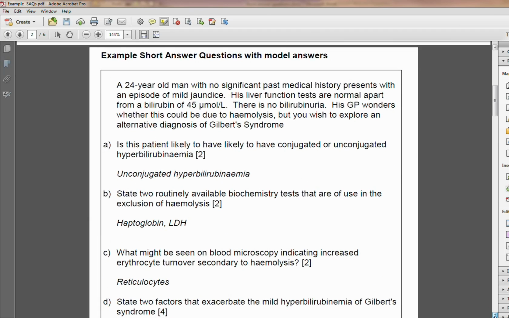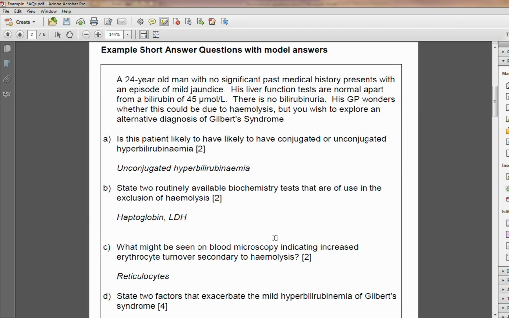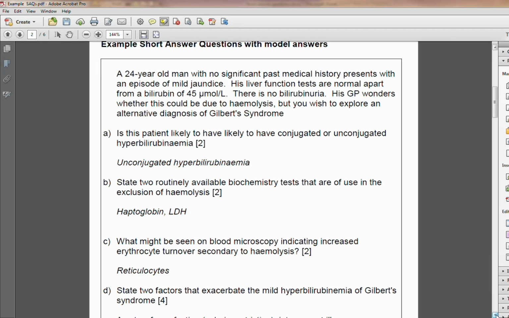And here are some examples of questions that would be typically associated with the short answer question paper. So, a man with mild jaundice, he's got a bilirubin of 45, no bilirubin in the urine, and the GP is wondering whether this would be due to hemolysis, but there's a question of Gilbert syndrome.